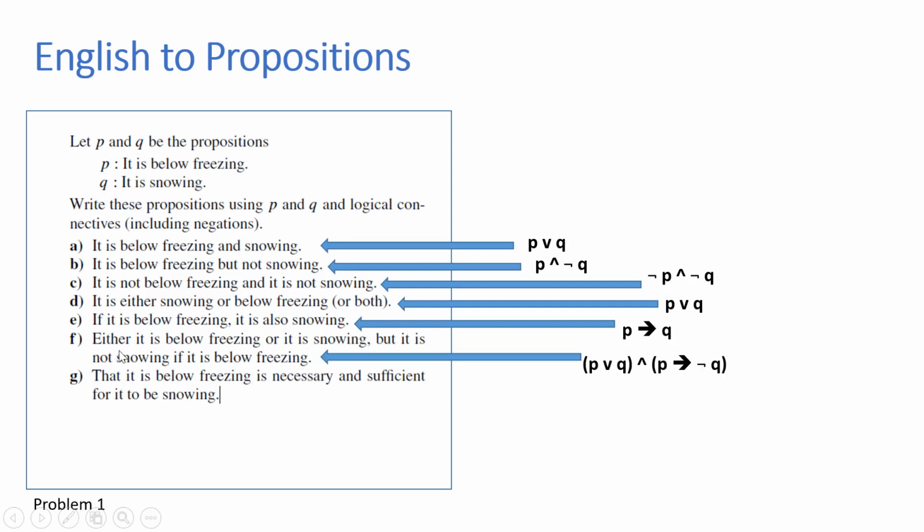Either it is below freezing or it is snowing, that is P or Q, but it is not snowing if it is below freezing, so P implies not Q. That is, below freezing is a necessary and sufficient condition for it to be snowing. So this is like saying P implies Q and Q implies P.